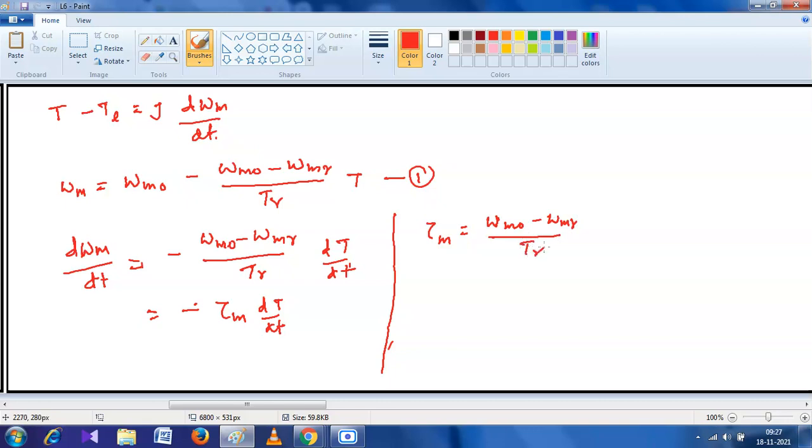This tau m is called the mechanical time constant.